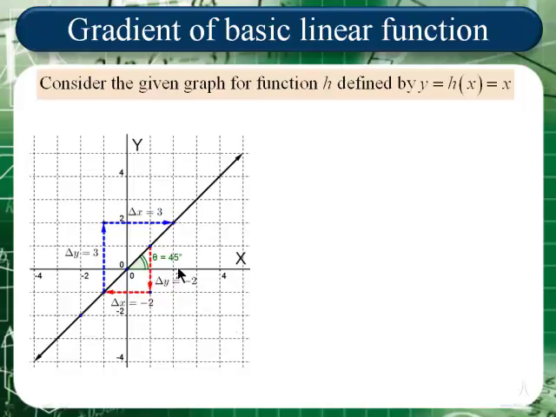This angle is measured from the x-axis in an anti-clockwise direction until you reach the straight line itself. Now the gradient of any straight line is defined by tan of theta, where theta is the angle that the straight line makes with the positive x-axis, and it's defined as the change in the y direction divided by the change in the x direction.